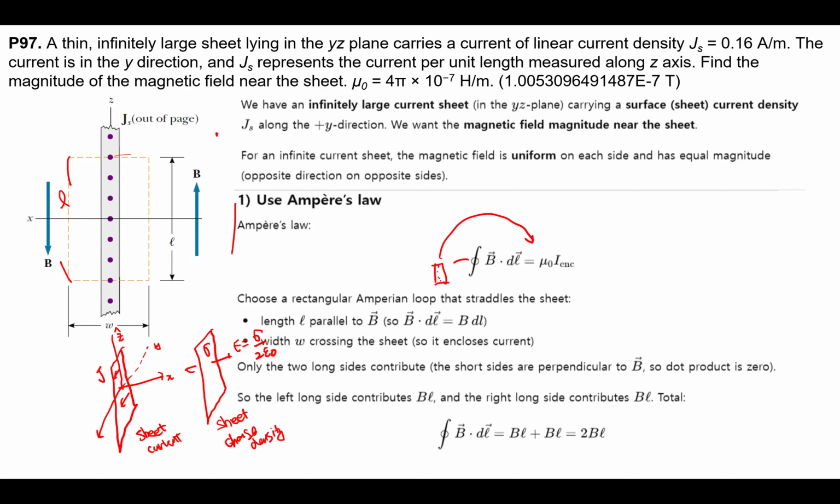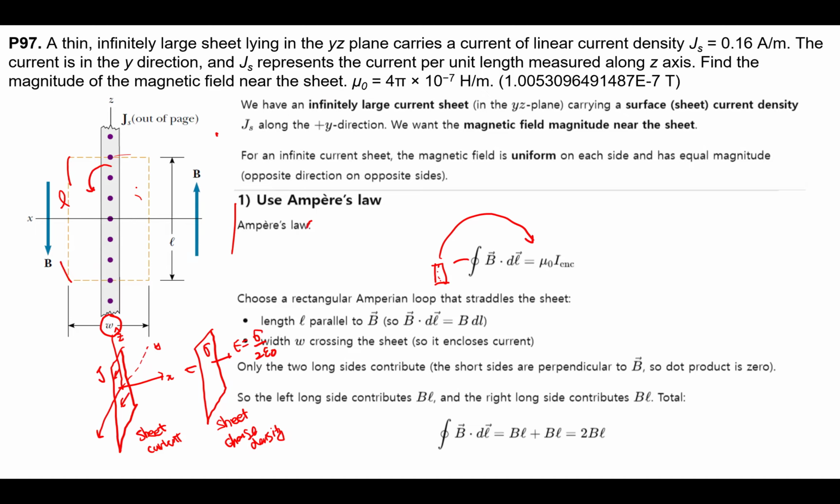So here is the assumption we are going to have. We are going to have a width W and length L, because if this is the case, note that if the current is this, then the magnetic field would be something like this.